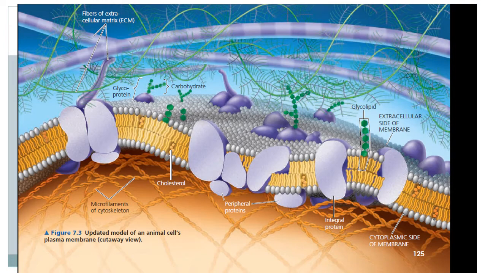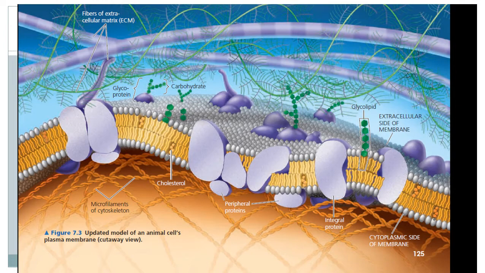Actually, this particular diagram was taken from Campbell. The plasma membrane is a boundary that separates the living cell from its surroundings and controls the traffic into and out of the cell it surrounds, and it exhibits selective permeability.